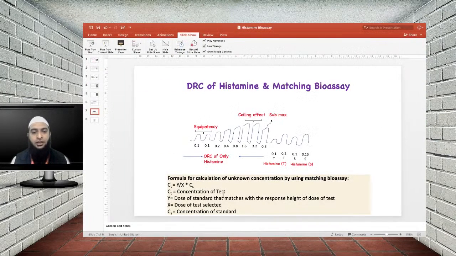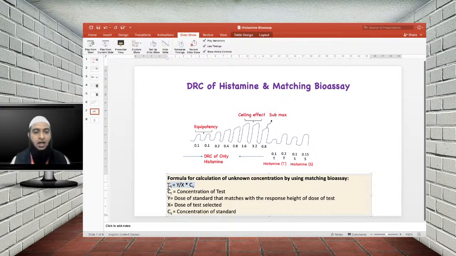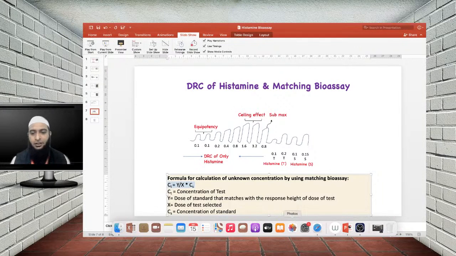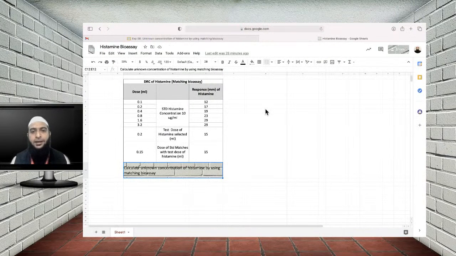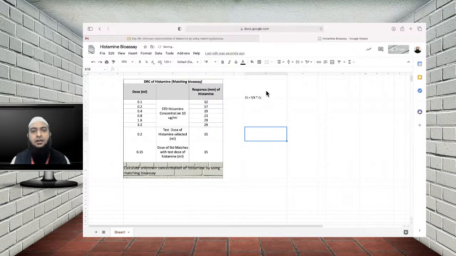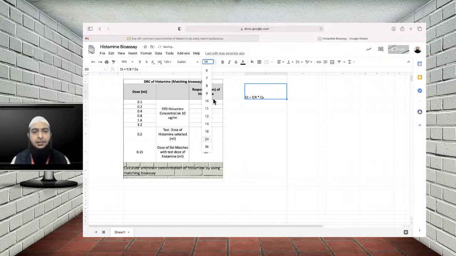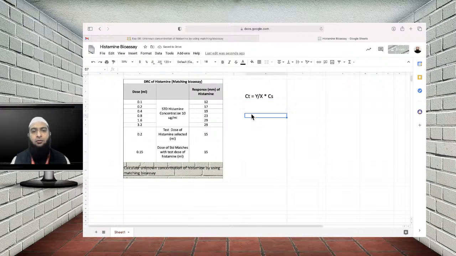So I'm simply taking this formula and copy pasting it in a Google sheet. Let me increase the size so that it is nicely visible to you. Hope it is visible to you.